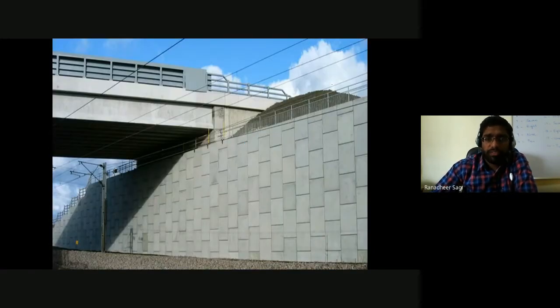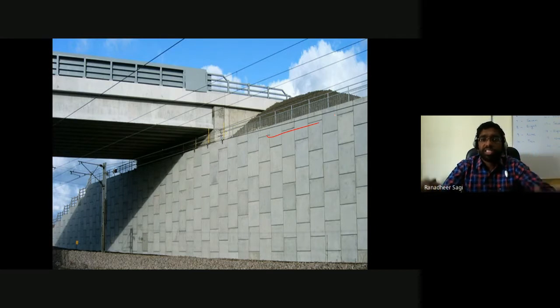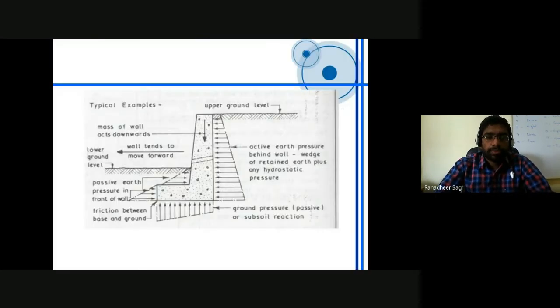So this is how a reinforced earth wall typically looks after its final construction. As mentioned, it's typically used in the construction of highways or in places where you want to construct the abutments in the construction of bridges. Okay, so in all such cases, you can think of going for it.